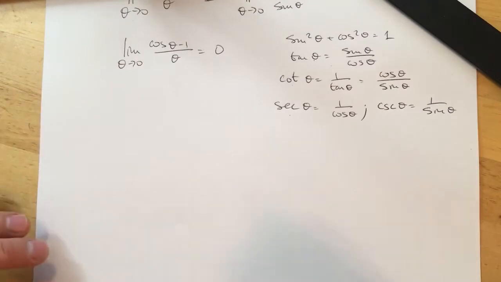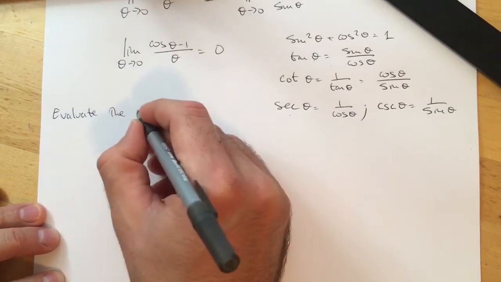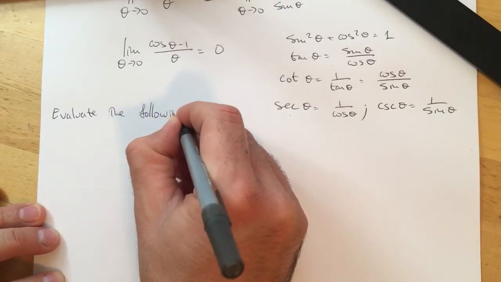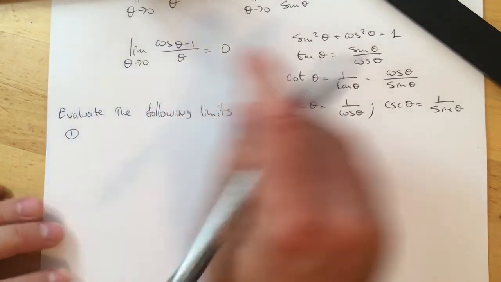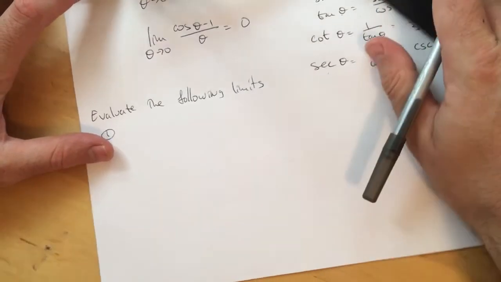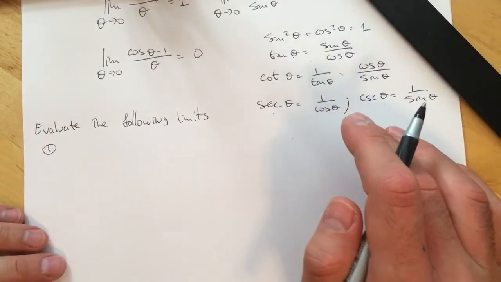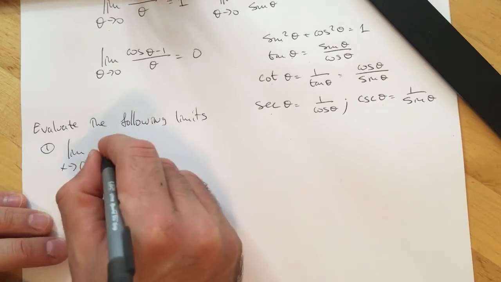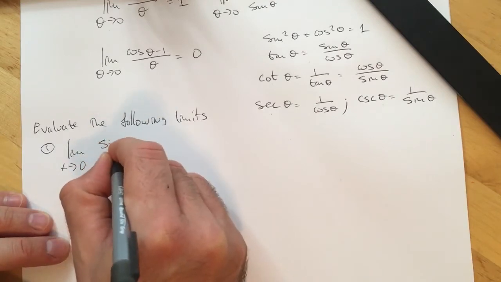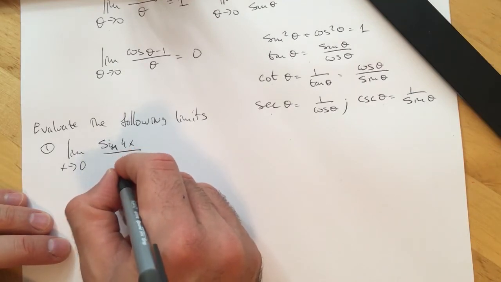So let's start with some easy examples. Evaluate the following limits. Number 1: the limit as x goes to 0 of sine of 4x over x.